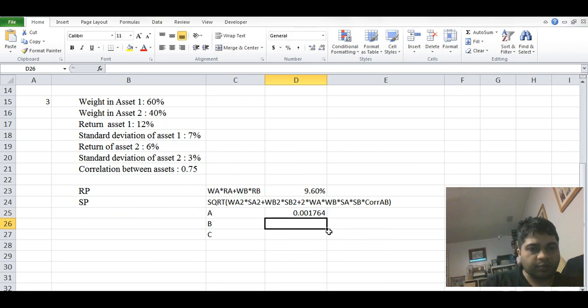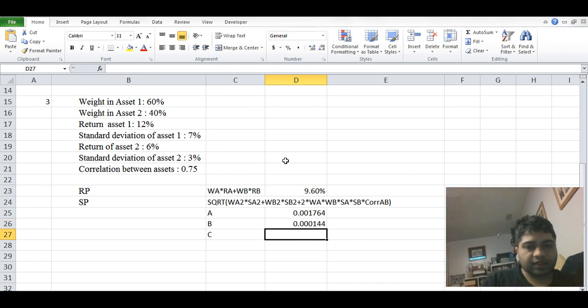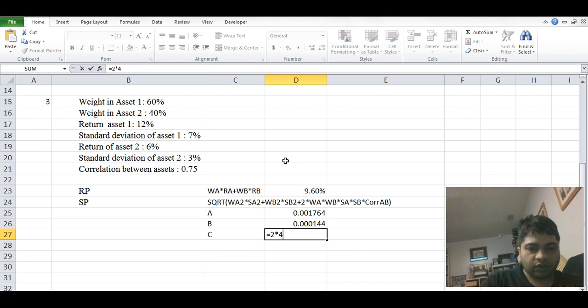Part B will be 40% whole square multiplied by standard deviation 3%, whole square. Part C will be 2 into 40% into 60% into 7% into 3%.